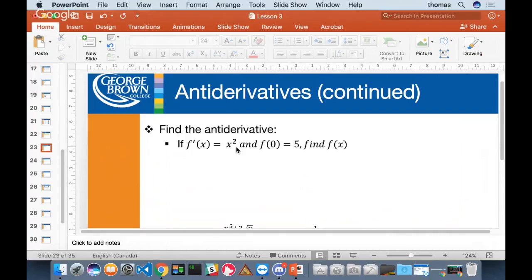And then we need to go to x to the 3 for the original equation, and then we take 1, the original coefficient, over the new exponent. 1 over 3 times x to the 3 would be your original f equation, right?